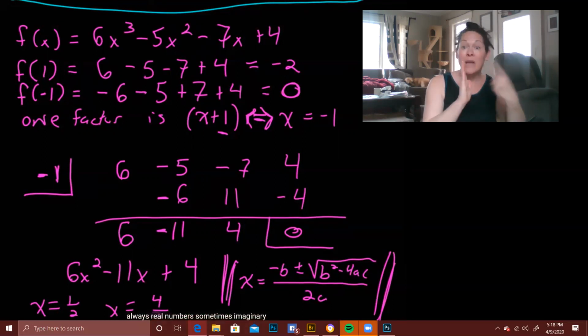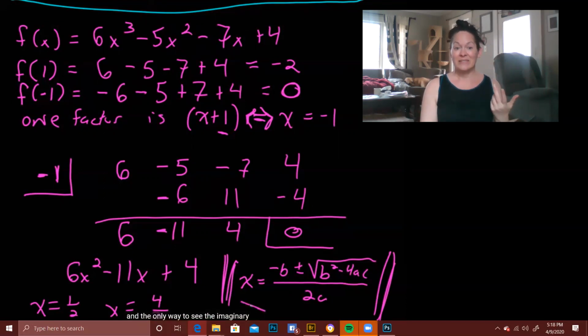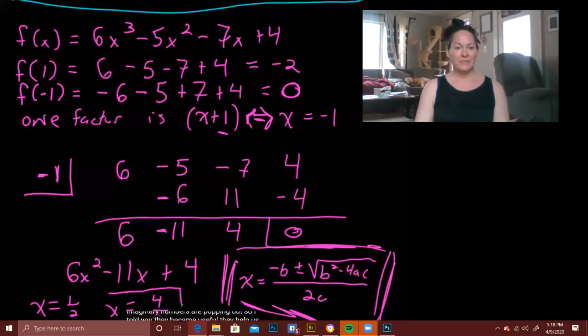Sometimes imaginary numbers are hiding in there, and the only way to see the imaginary numbers is through our quadratics. Our quadratics will let us know when the imaginary numbers are popping out. So I told you they became useful. They help us find these.